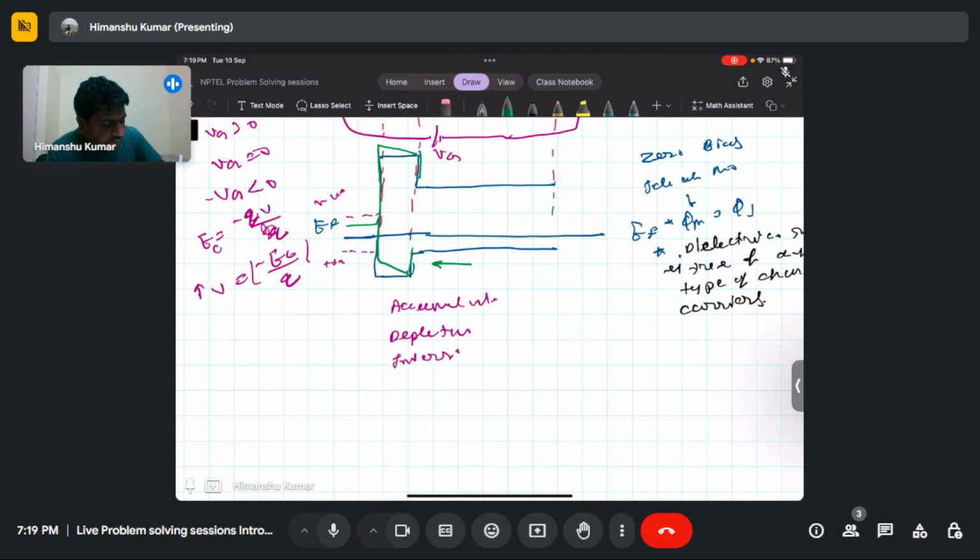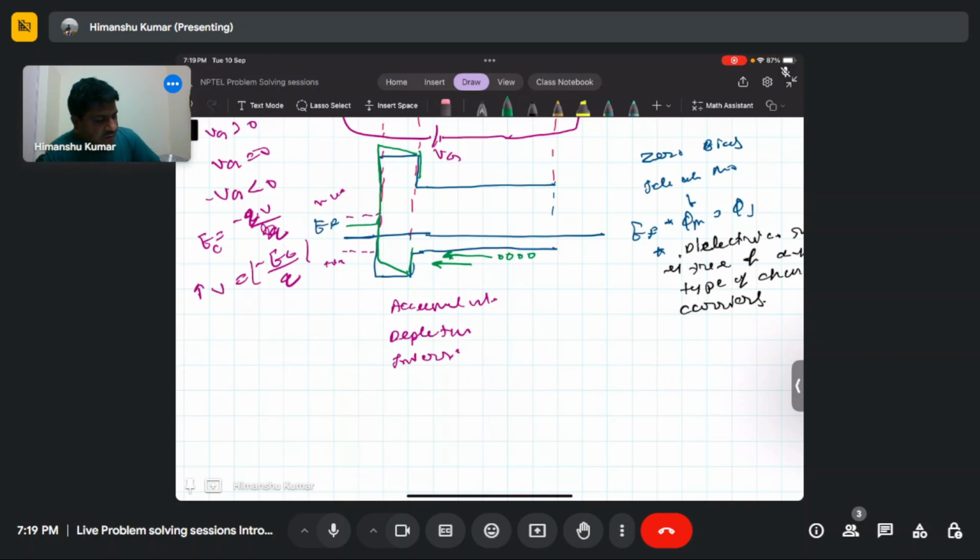This has a larger number of holes because this is a p-type semiconductor. So these holes will start moving in this direction, and then they will accumulate at the interface. So at the interface your semiconductor will become more p-type.